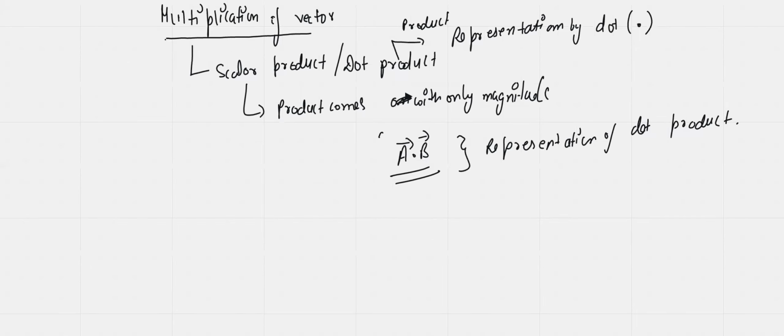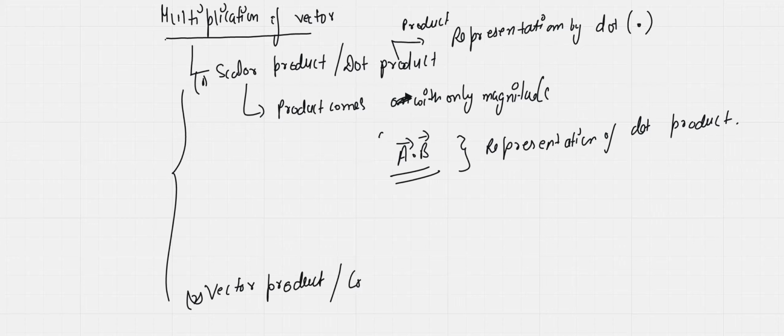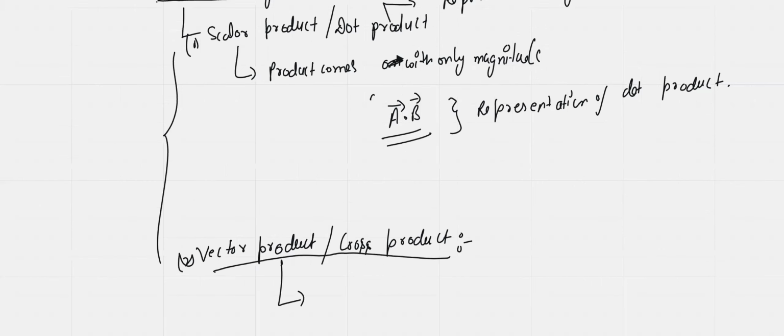Another type is a vector product, known as cross product. Okay. The product comes out as a vector quantity.